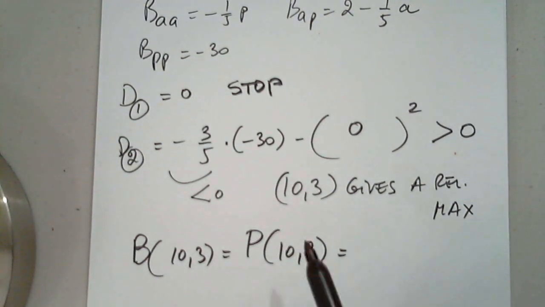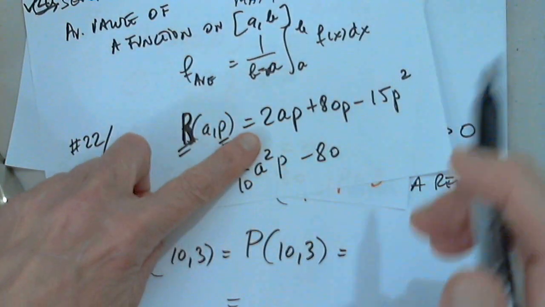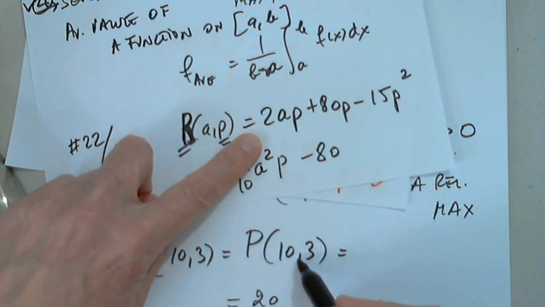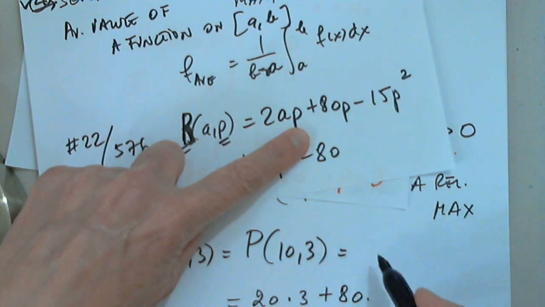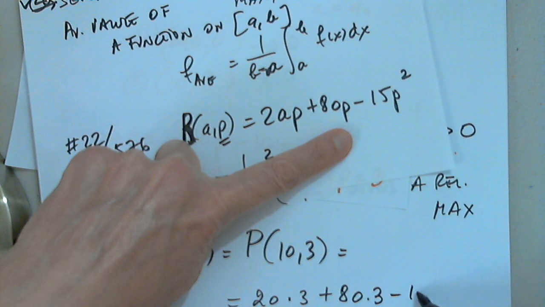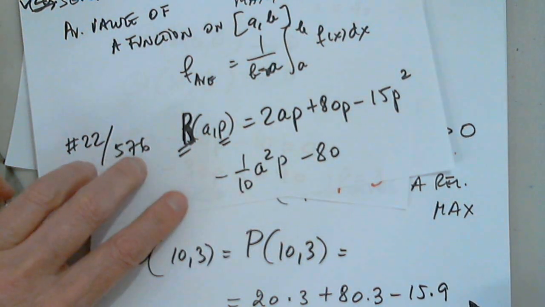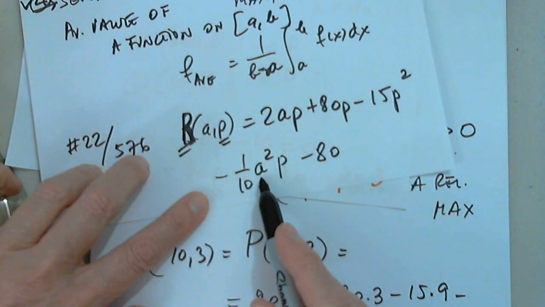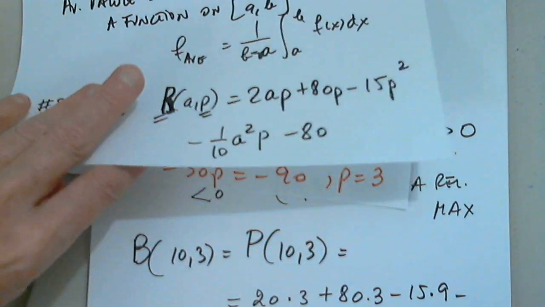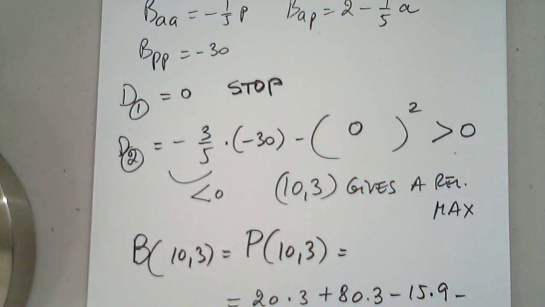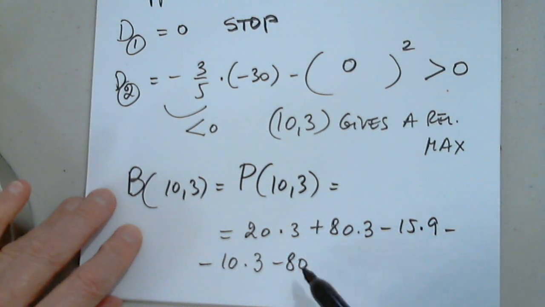And if you want, now we can write P of 10, 3, because I didn't want you to get confused with P and another P in there. So back to the problem. Where was it? 220 times 3 plus 80 times 3 minus 15 times 9 minus again 100 divided by 10, so it's 10 minus 10 times 3 and then minus 80. So let's see what we get here.